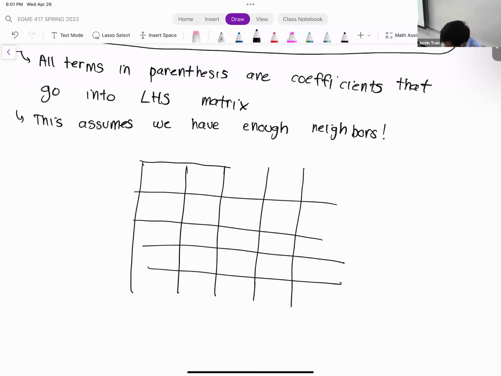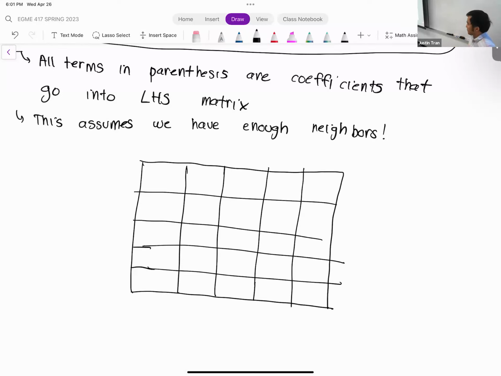So let me draw a grid here. Let me bound it. All right, and I'm going to highlight a couple of nodes in this grid, just to show you some of the issues that occur. Let's look at this node first, the node I've marked with the red dot.